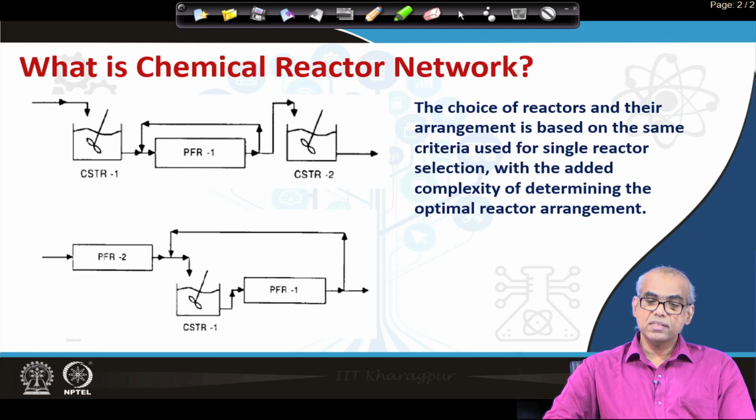The choice of reactors and their arrangement is based on the same criteria used for single reactor selection. However, there is an added complexity here, that is the complexity of determining the optimal reactor arrangement.